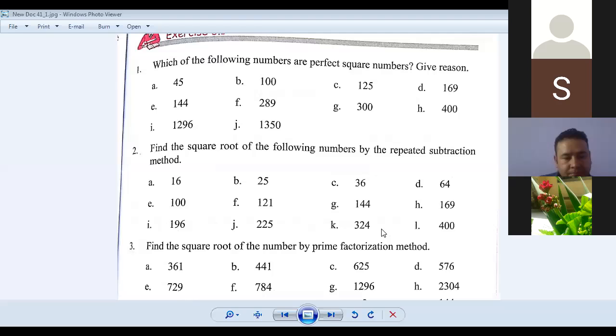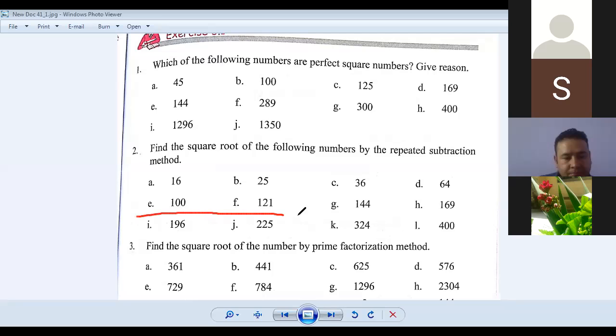Where is the folder called 7-8? Okay, here. Now can you see the page? No. Okay, now I'll show it. Share. Can you see my photo? Yes, sir. Okay, now copy these numbers.